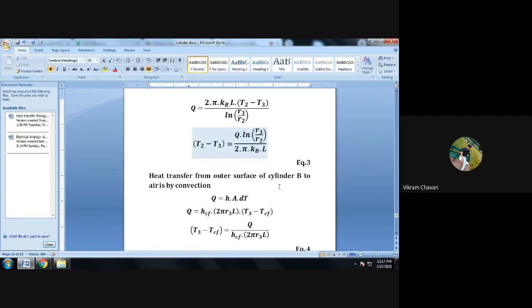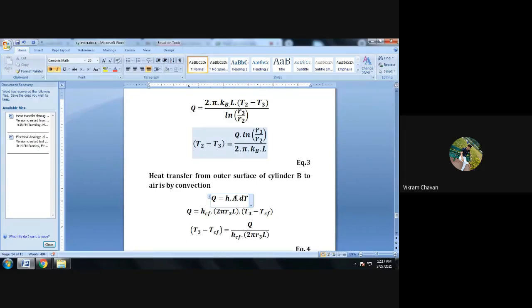Now we have to put our nomenclature in this equation. Q is equal to H suffix Cf, the cold fluid heat transfer coefficient, multiplied by the surface area available for heat transfer.